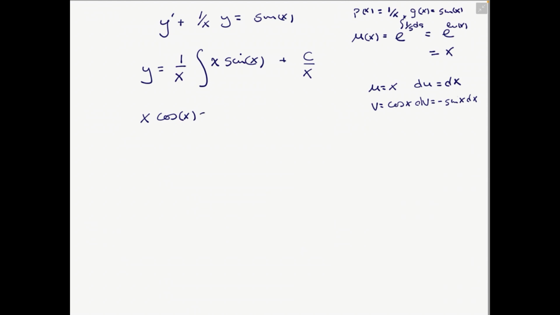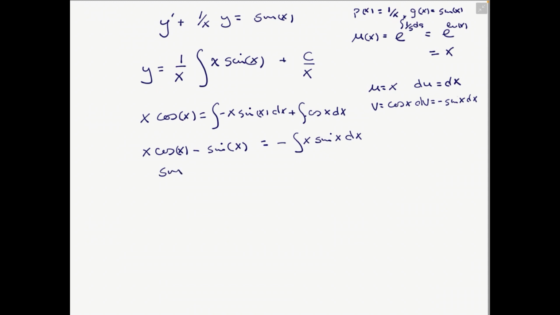So we have x cos x. Oh, darn, I hate this. Why does it shift so easily? Cosine of x is equal to u minus x sine x dx plus cos x dx, and we have x cos x minus sine x equals minus x sine x dx.